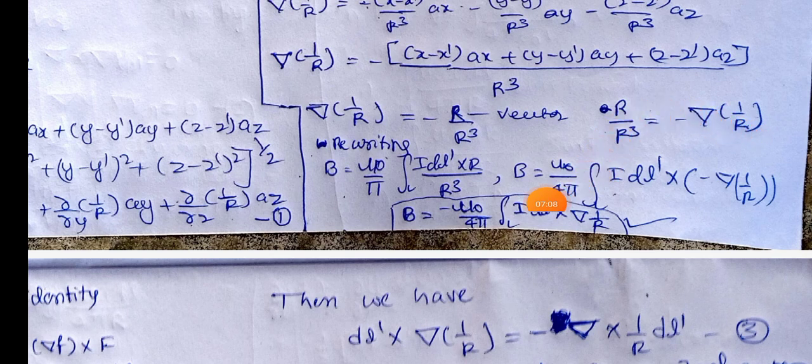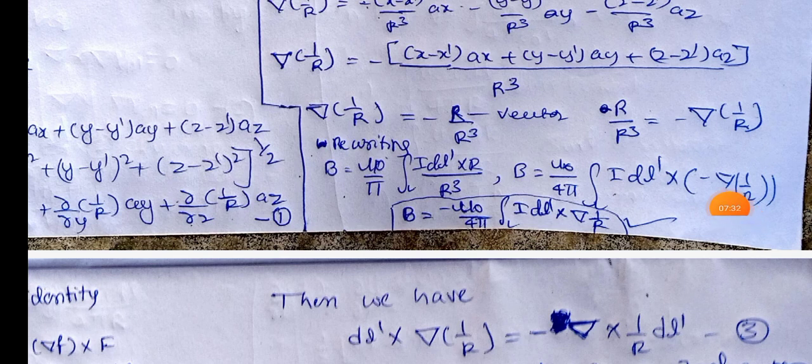So we know that B is equal to mu naught by 4 pi line integral I dl dash cross r by r cube. In the place of r by r cube, substitute minus gradient of 1 by r.